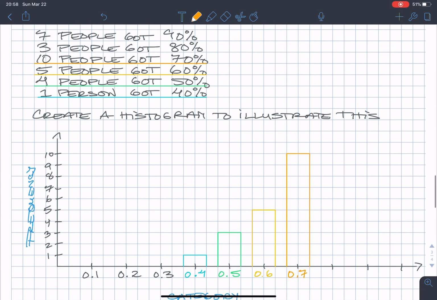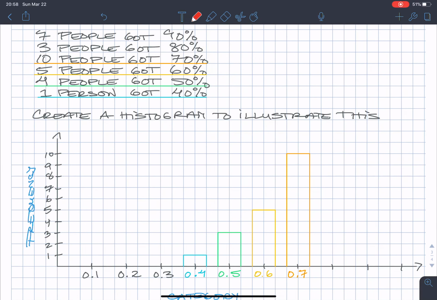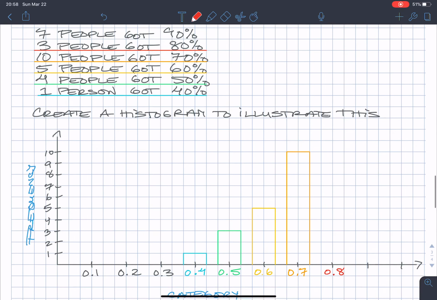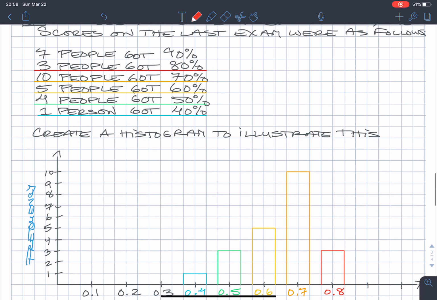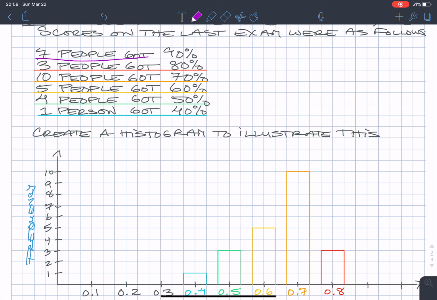Okay. Then how many people got 80% or 0.8? And that was just 3 people. Wow, not very many. And last but not least, how many people got 90% or 0.9?